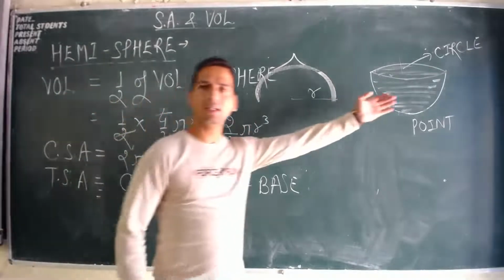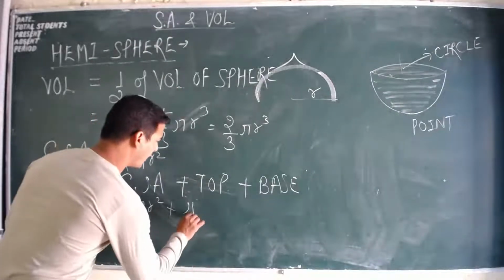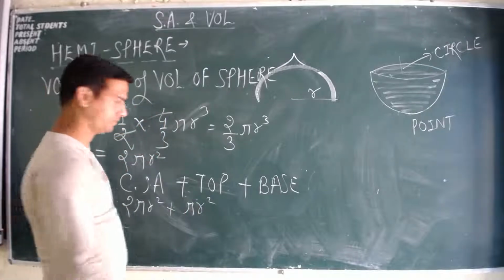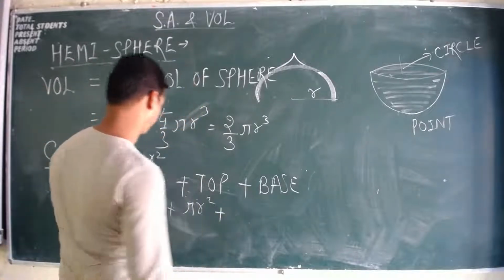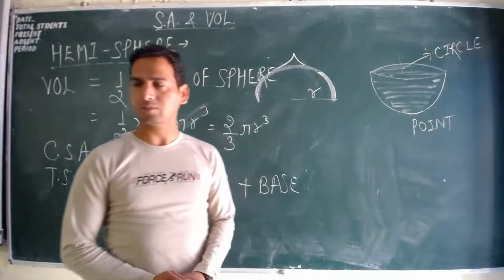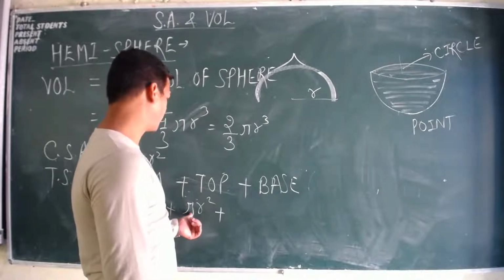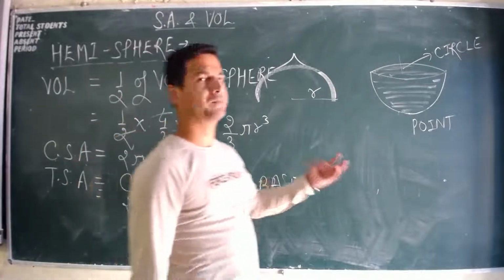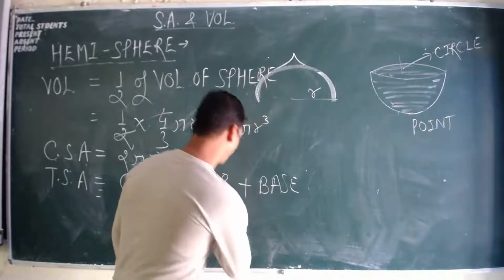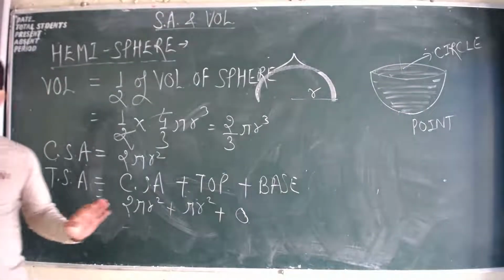Top is a circular region, so its area will be pi r square. And what is the base area? Base area is a point, so its area is 0, nothing. Clear?